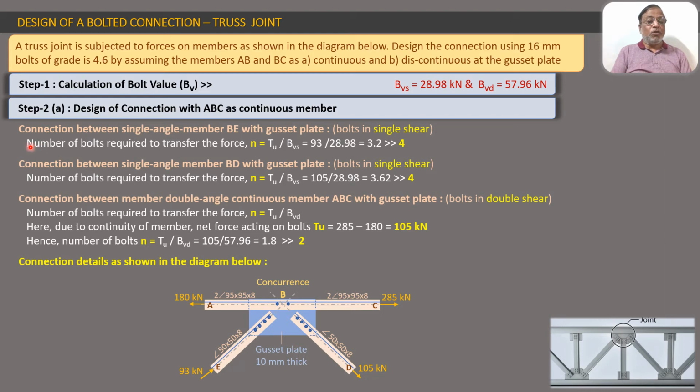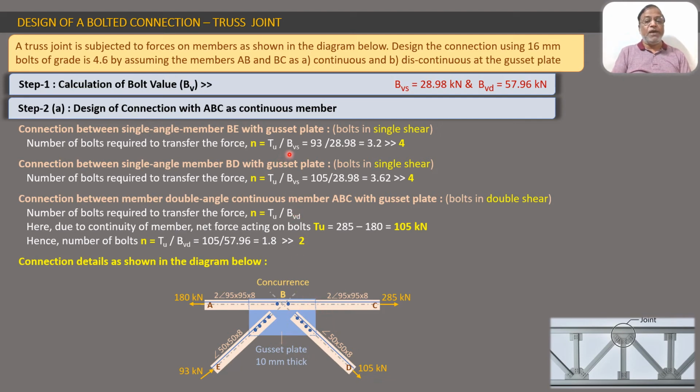So number of bolts required to transfer the force N. This formula is the same. It is TU upon BVS. Now we have to be careful about taking the right value of the bolt value. That is, whether to take single shear or whether to take double shear. Now since we are talking about the single angle member BD, we know that all the bolts here are in single shear.